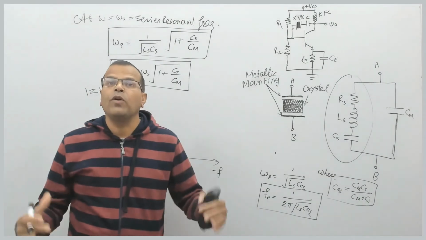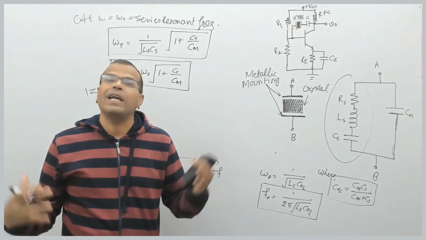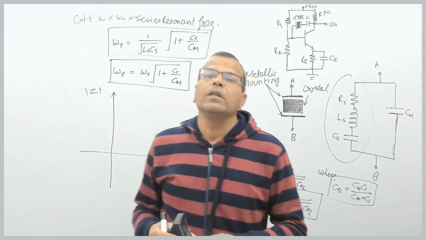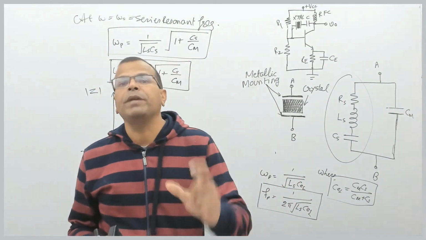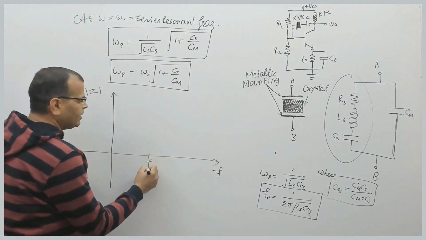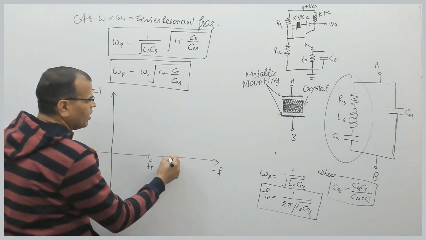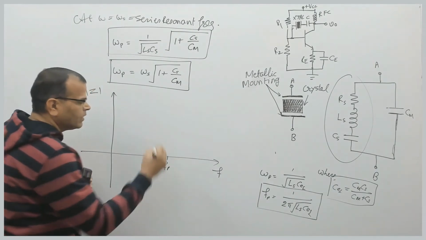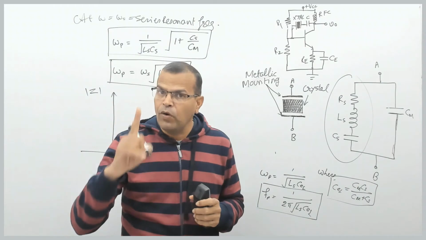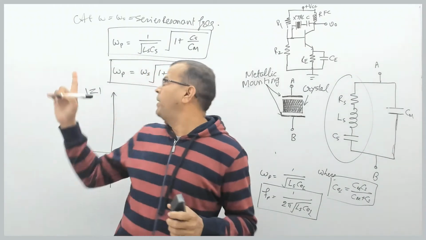The concept of series resonance and parallel resonance. In case of series resonance, the impedance of the circuit is minimum at resonant frequency. So there are two resonant frequencies, Fs and Fp. There are two resonant frequencies in the circuit. So at series resonance, the impedance, I am not talking about admittance now, I am talking about impedance.